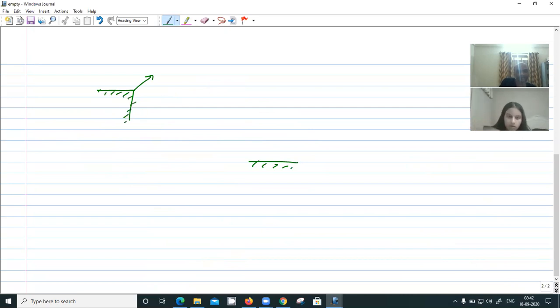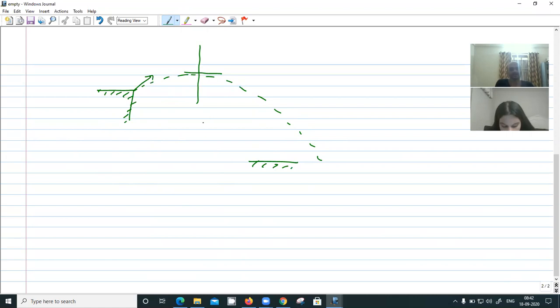So here the motion will be like this, and this is the highest point. About this highest point, it is not symmetric, right? So this is asymmetric projectile. You know what projectile is, right? This is an asymmetric projectile when you are shooting from a height.